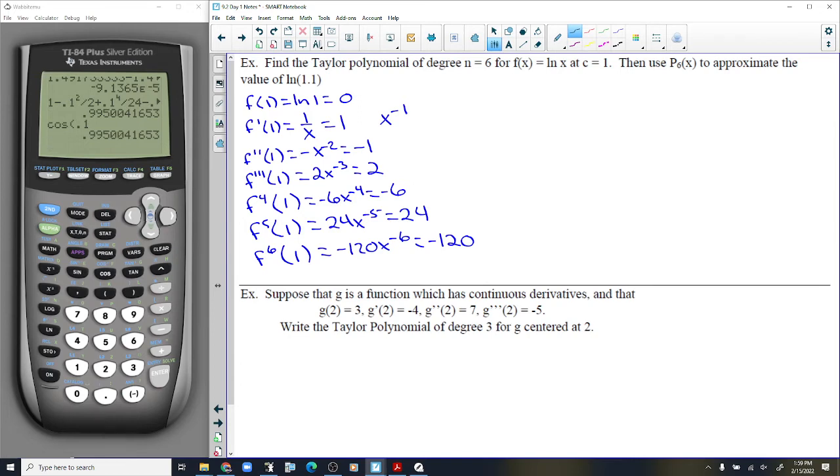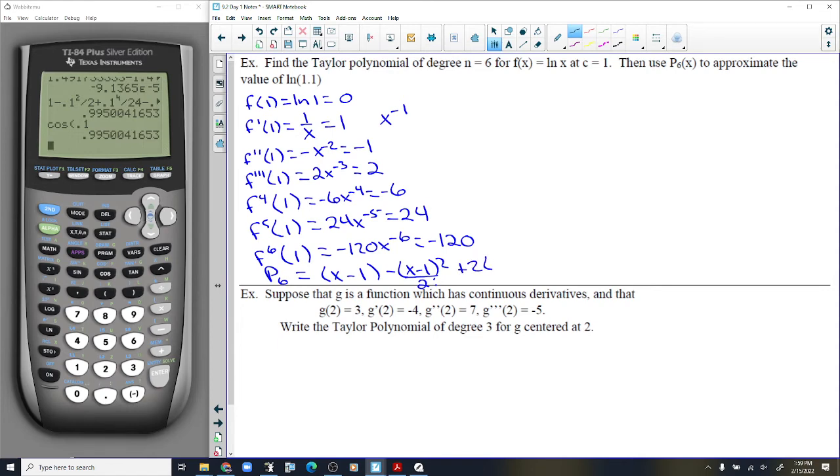All right, we're centering at 1, so I need a lot of room for this. P sub 6 is equal to, the linear one is 0, that's x to the 0. X to the first is 1, so x minus 1 times 1 minus x minus 1 squared over 2 factorial. And then I got the 1 and the negative 1, 2 is for 3.